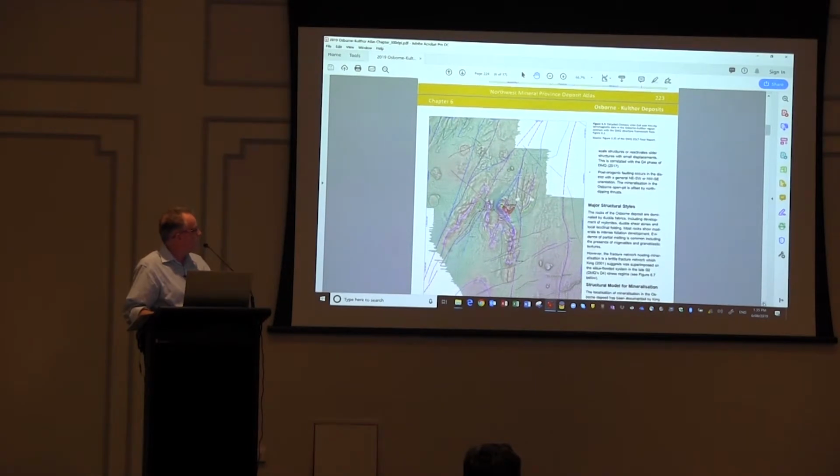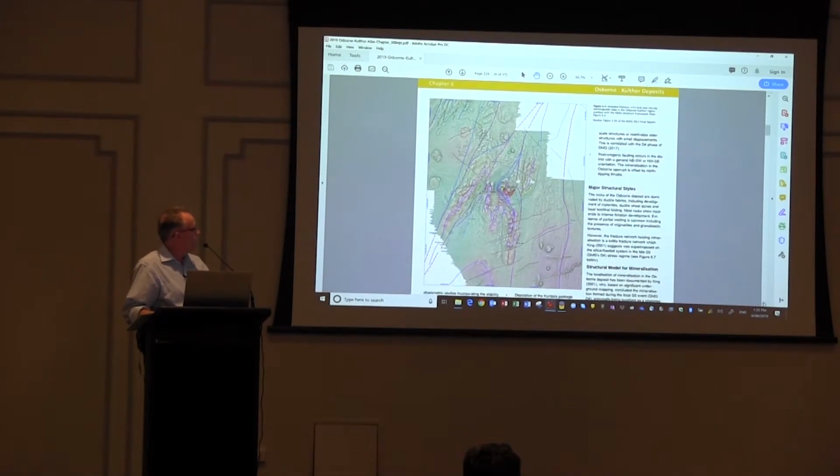It's all undercover, obviously, but Mark was able to track some of the units. Fortunately, the rock units had a magnetic marker unit. I'm not sure which unit it was in, but you can see that he's been able to use that to map out the stratigraphy undercover and infer some more structural information from that zone.